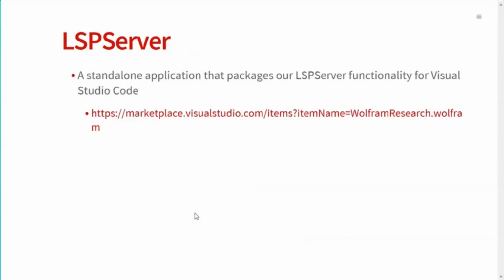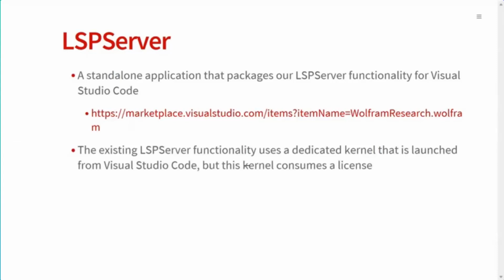Another example is LSP server. This is something that we've been working on inside the company. You may be familiar with it. We have this extension for Visual Studio Code that implements syntax highlighting and other features for using Wolfram language in an IDE. But unfortunately, the current version of this extension launches a dedicated kernel for it, and this consumes a license process.